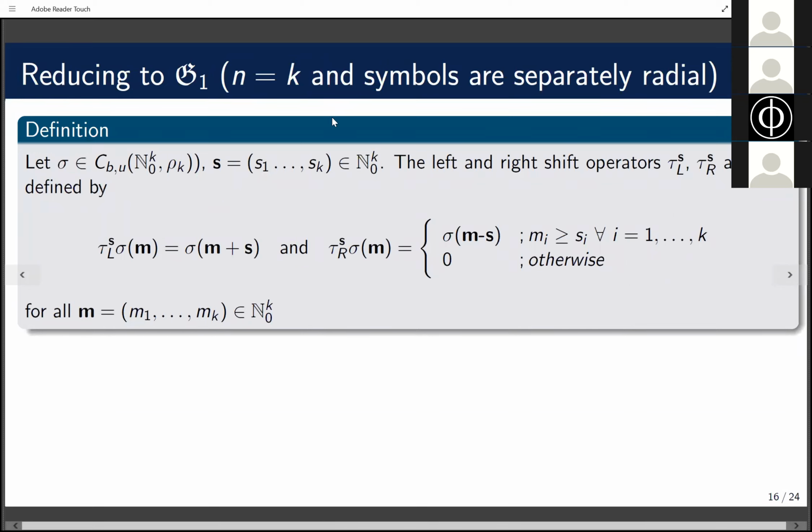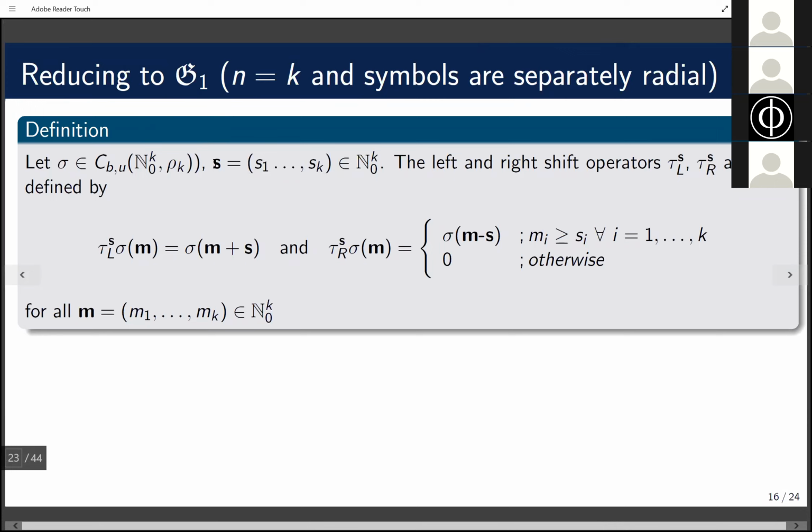Now we have to show the density. Before we show the density, we are going to reduce the problem to the separately radial case. Now our eigenvalue functions are not sequences, but we can still define left and right shifts with respect to a k-tuple.